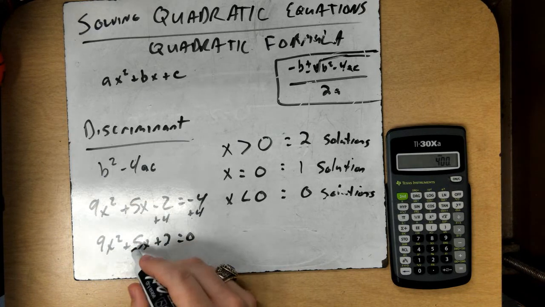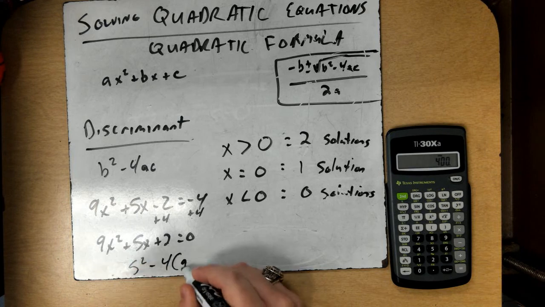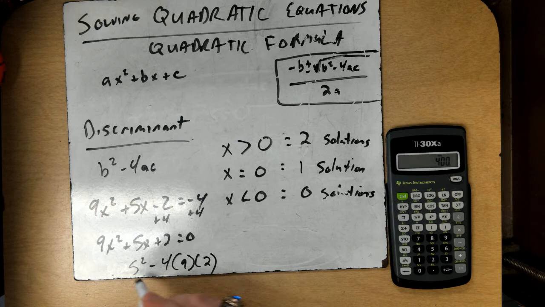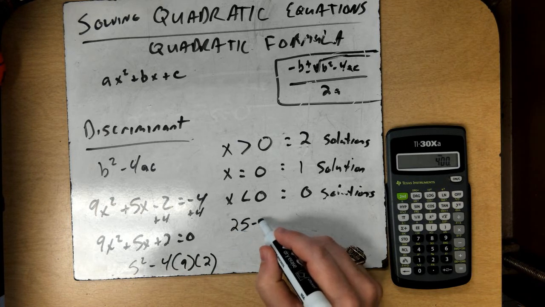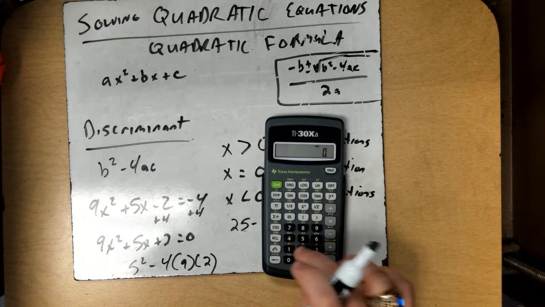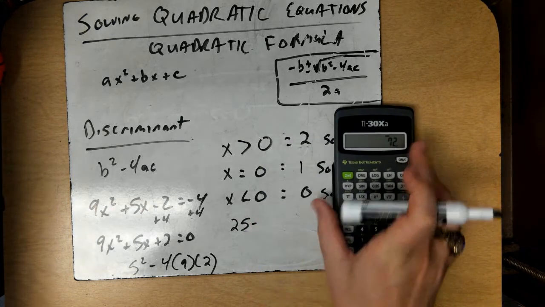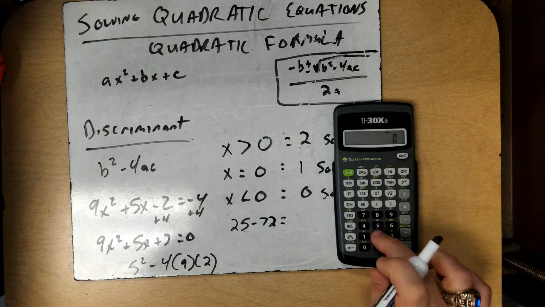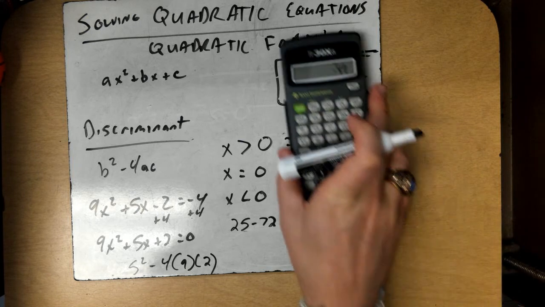Our b is 5, so 5 squared minus 4 times a, which is 9, times c, which is 2. So 5 squared is 25 minus 4 times 9 times 2 equals 72. So 25 minus 72 gives us negative 47.